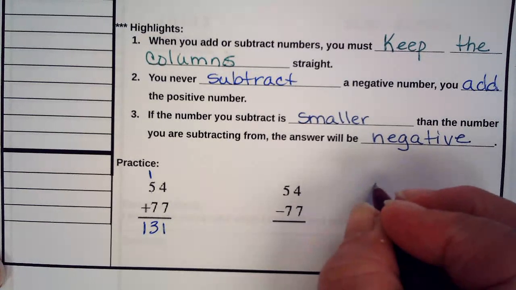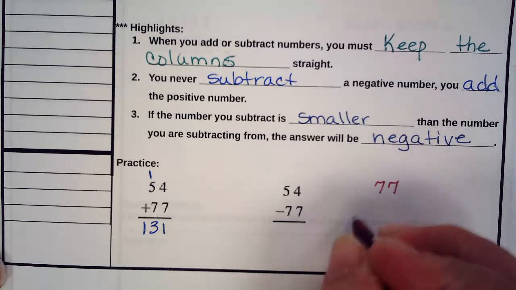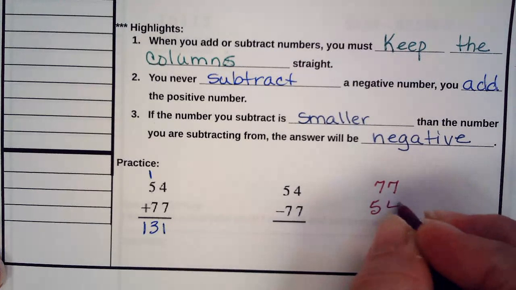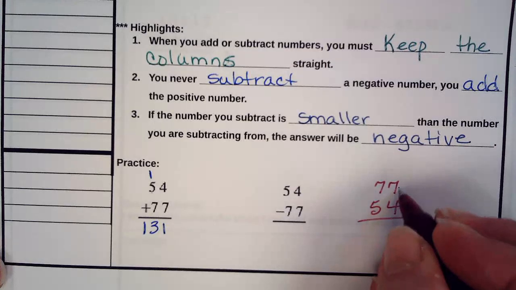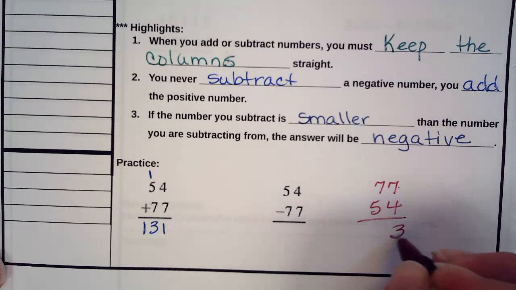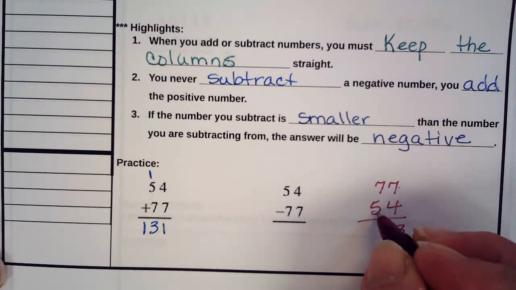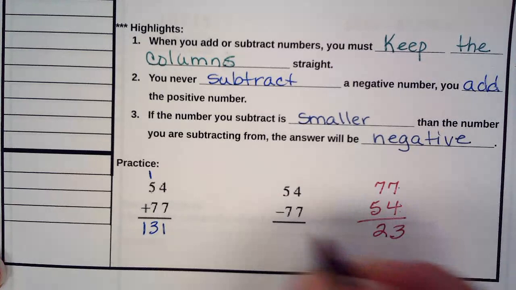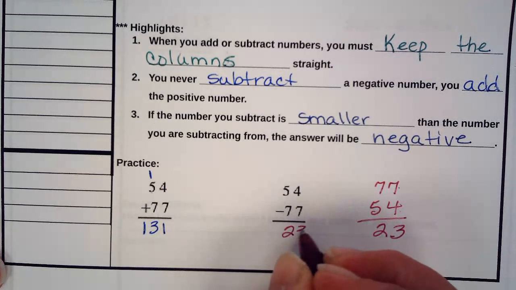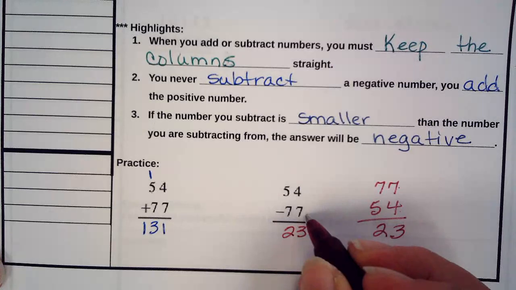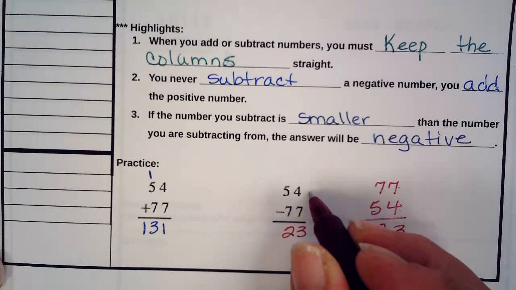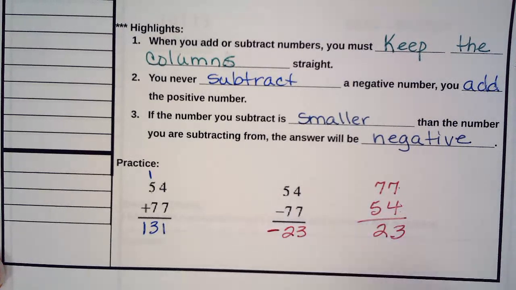So the first thing we do is flip this over so we can find their difference. 7 minus 4 is 3. 7 minus 5 is 2. So this is 23, but because 77 is larger than 54, it is a negative 23.